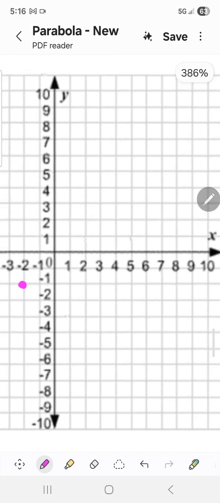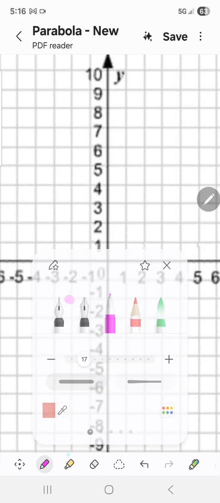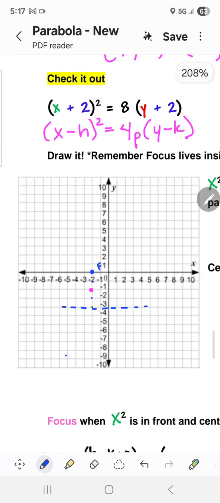Now, if I have the value of p and I know I'm opening up, I can automatically tell you from my vertex go 2 units up and 2 units down. That means my directrix should be here and my focus should be there. Let's see if we're right.